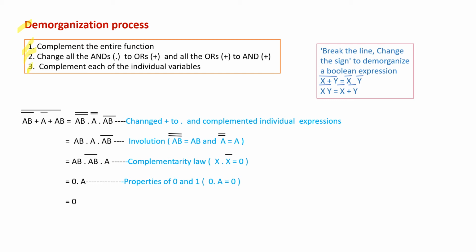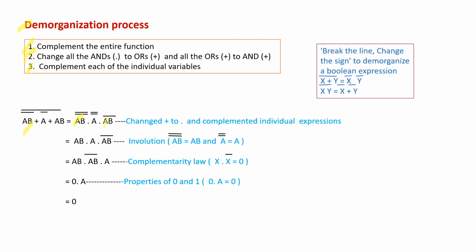For example, we can take the given expression, and the entire expression is complemented. The next step is to change all the ANDs to ORs and ORs to ANDs, and the individual variables are complemented. We can see it as (AB) double complement AND A double complement AND AB with A complement.